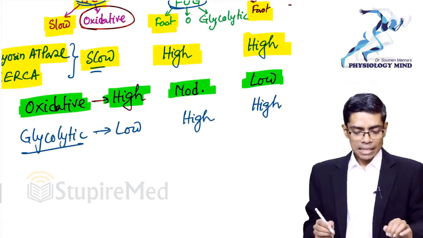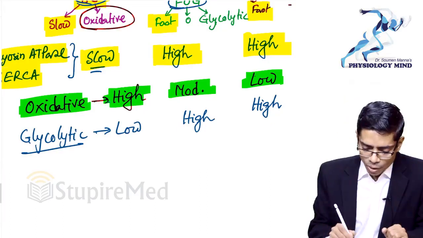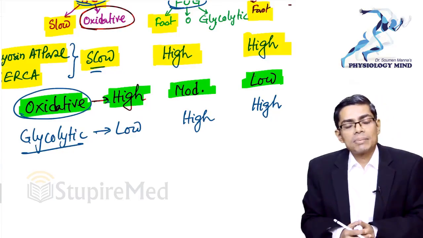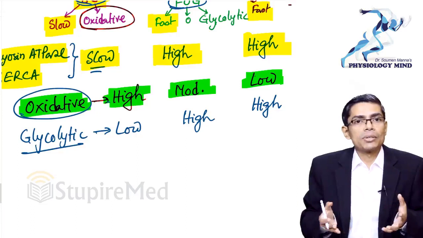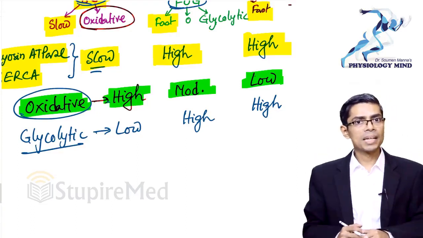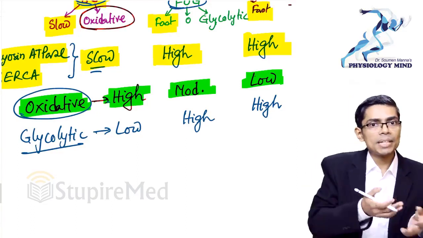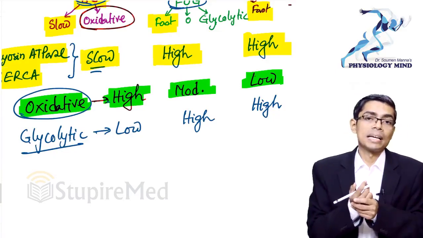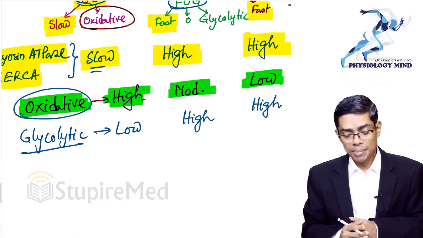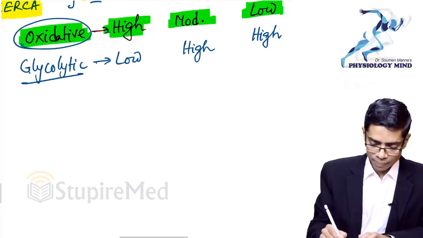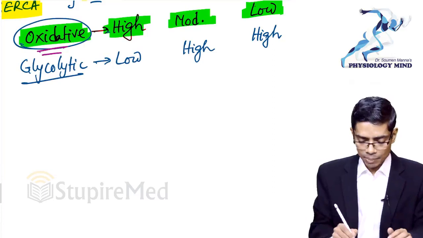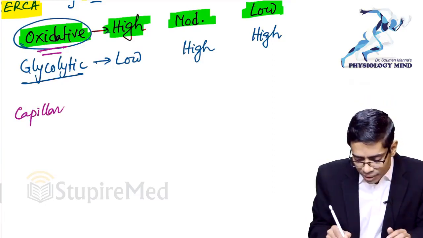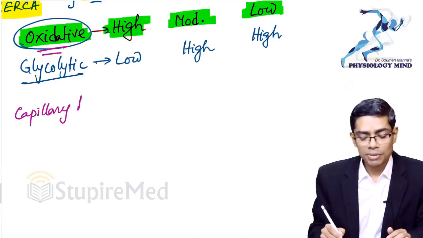Now think, if the muscle metabolic activity is oxidative type, oxidative is highly active in case of type 1 muscle fiber. So what do you require? You have to supply more oxygen to the muscle. To supply more oxygen, you require more capillaries. Not only capillaries, you require more mitochondria, more oxidative enzymes present inside the muscle. So type 1 oxidative muscle fiber means capillary density of the muscle should be very high.